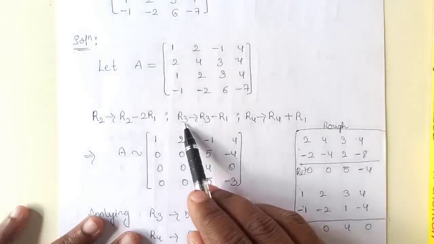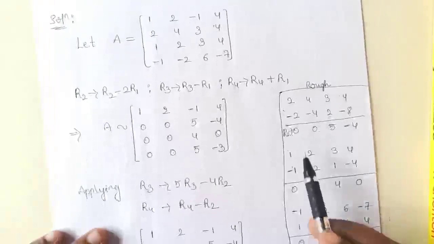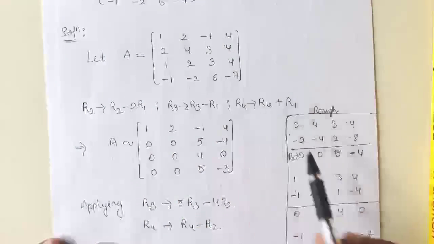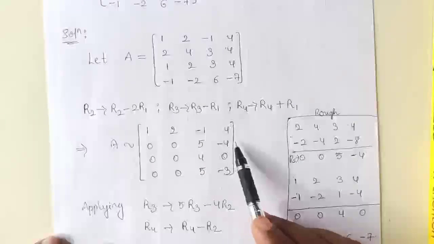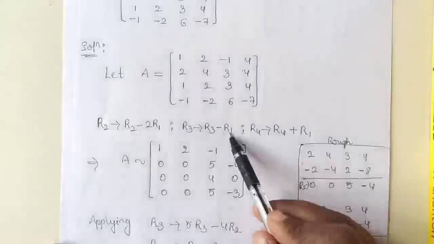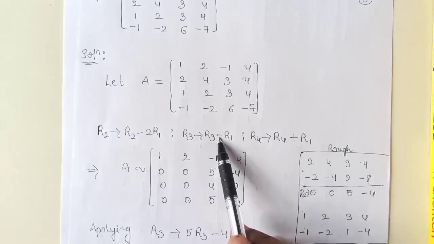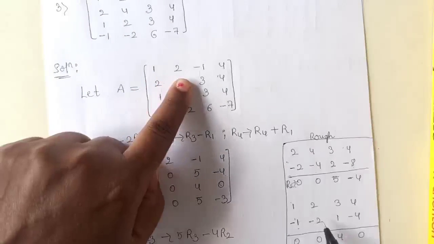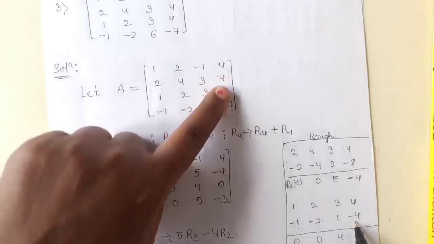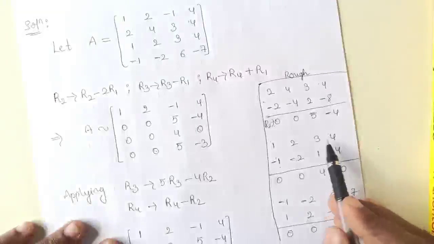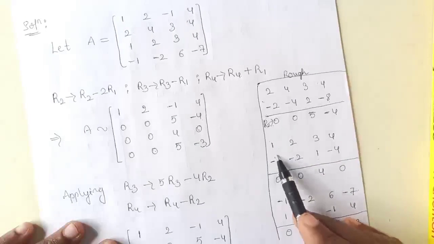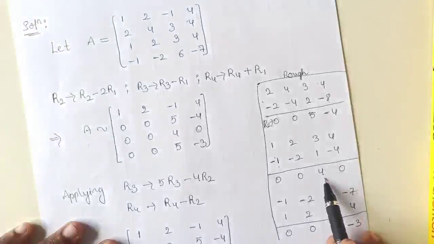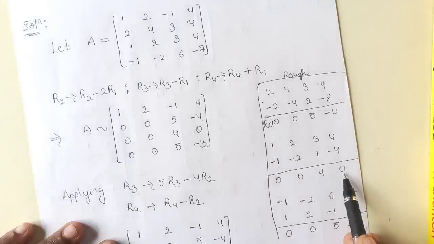Next we calculate R3 entries. Write R3 entries here, that is 1, 2, 3, 4. Next place R1 entries here. Because it is minus of R1, we change the sign: minus 1, minus 2, minus into minus plus 1, minus 4, right? Simplifying, minus 1 plus 1 gets 0, 0. 3 plus 1 equals 4, minus 4 plus 4 equals 0.